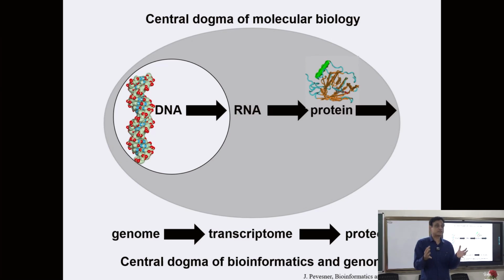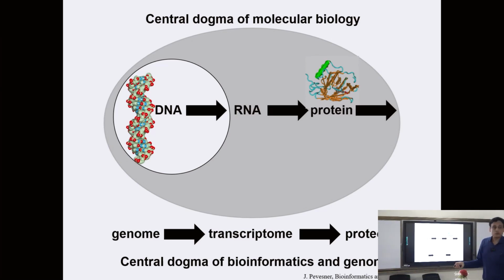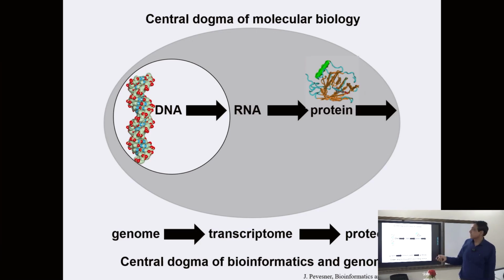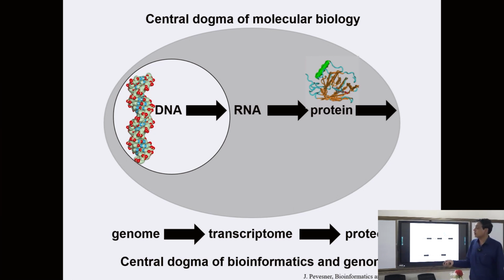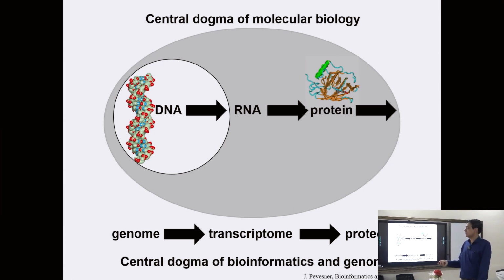All transcripts within a cell are together called transcriptome. All proteins within the cell, proteome. Okay? And this is the central dogma of omics or bioinformatics and functional genomics. Okay? So the direction of information is from genome to transcriptome to proteome.